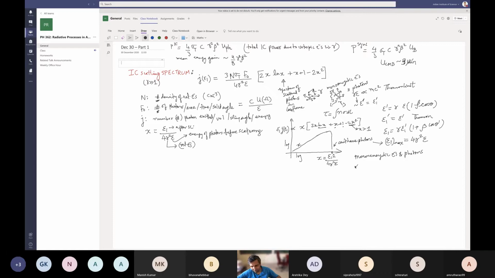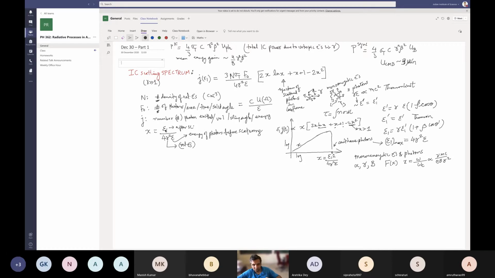We assumed a pitch angle alpha, we assumed some electrons with gamma, and we assumed magnetic field lines, and we obtained this F(x), if you recall, where x was omega by omega c, which is proportional to nu by eB by mc, and then there was this gamma squared factor. It's almost the same thing here.